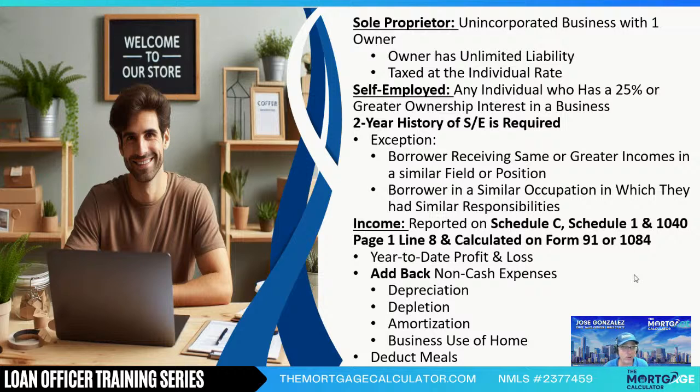And please also note, last but not least, recurring or non-recurring income or loss. If it's a non-recurring income, you're really not going to be able to use it. You're going to have to back it out. What would be a non-recurring income? Non-recurring income would be, for example, capital gains.